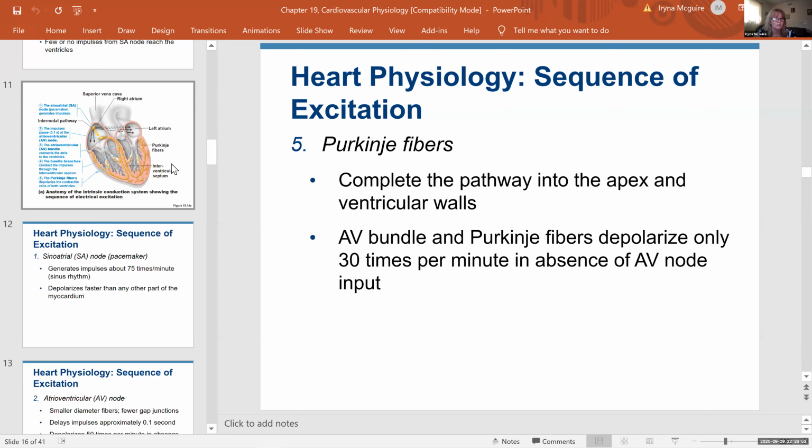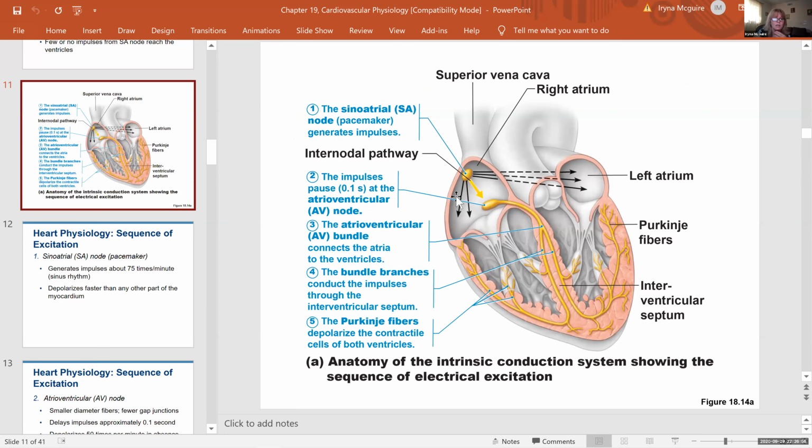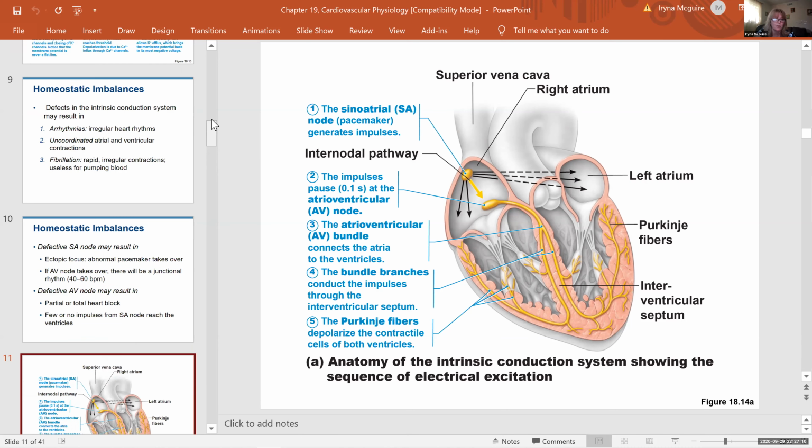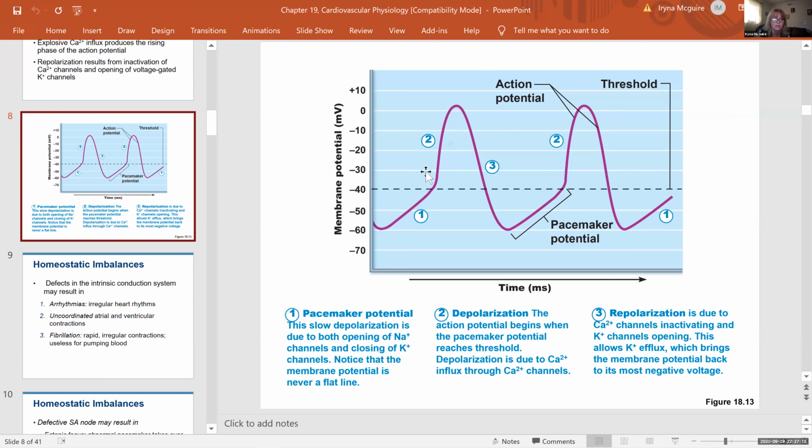That wouldn't be enough to have normal perfusion of blood and normal supply of oxygen to patient organs. Right, so I'm just going back over here so you can see what we talked about: SA node, AV node, AV bundle, bundle branches, and Purkinje fibers. All of them are autorhythmic cells. All of them have this pattern of action potential: unstable resting potential, and they depolarize because of the calcium influx.